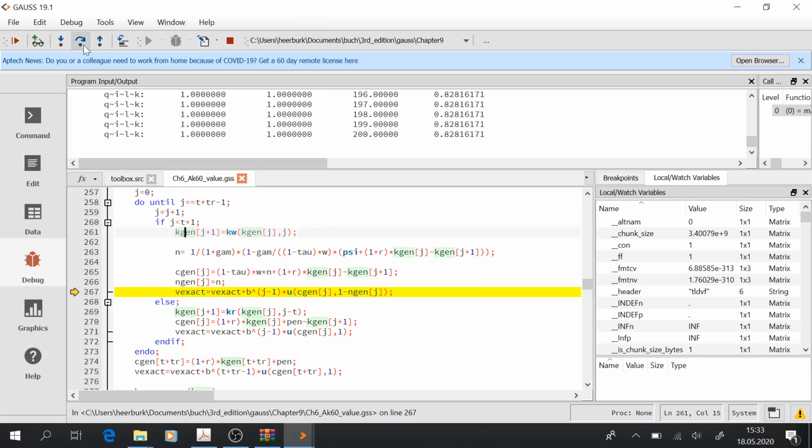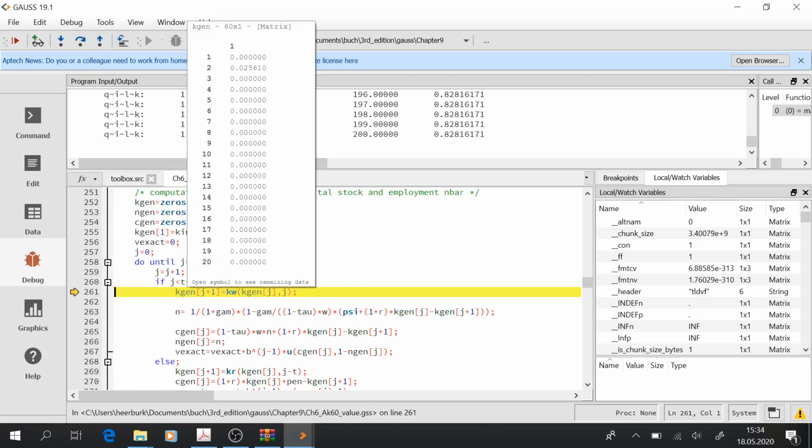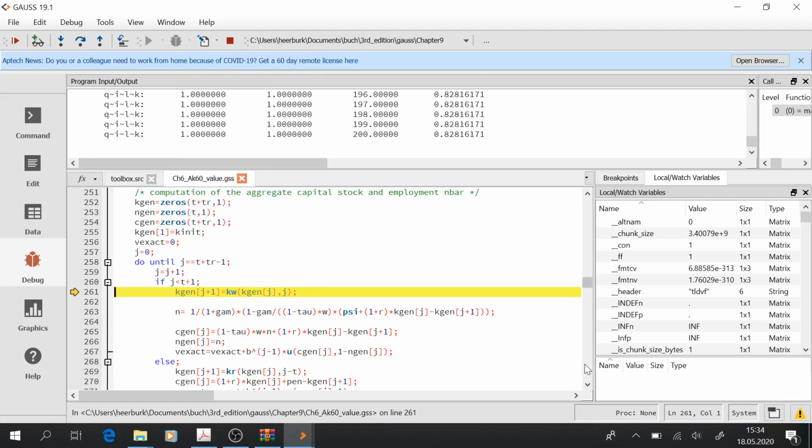At age 2, we compute again the optimal wealth at age 3 and save it, and iterate forward over time to compute our wealth, labor, and consumption age profiles.